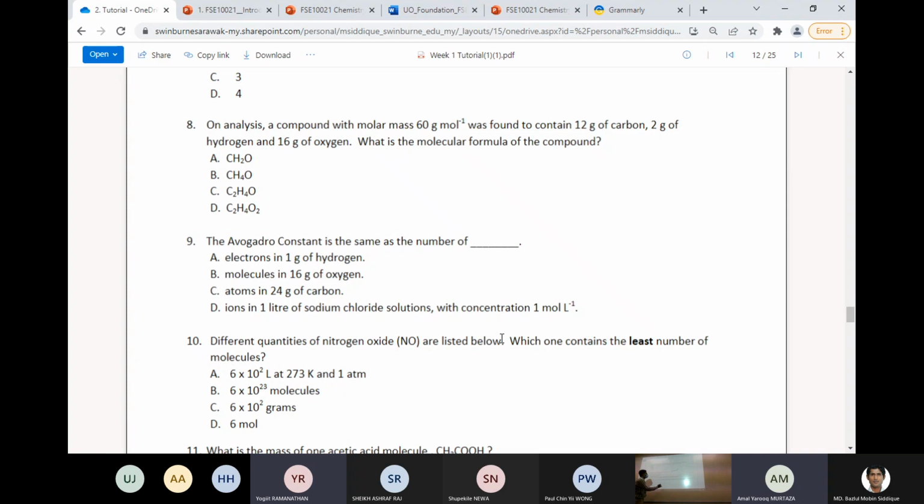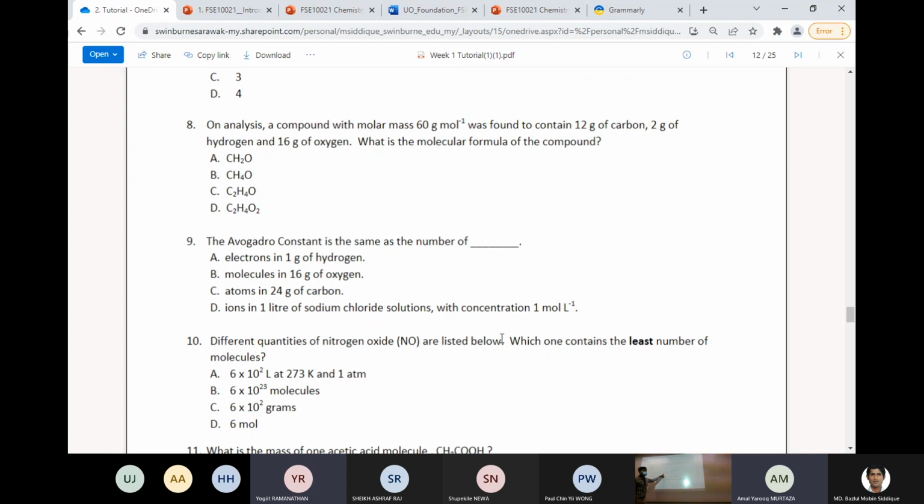Electrons in 1 gram of hydrogen. 1 gram of hydrogen is how many moles of hydrogen gas? H2. Remember, H2. 1 gram of hydrogen.